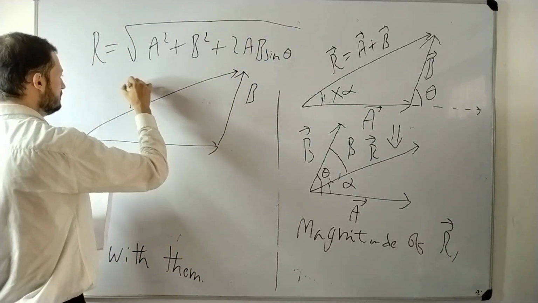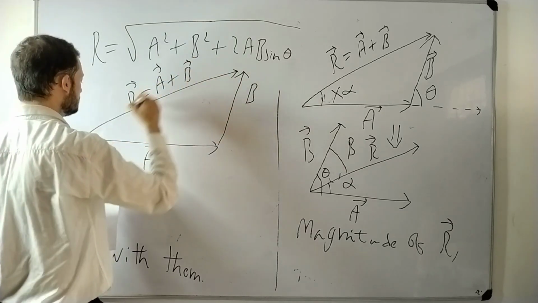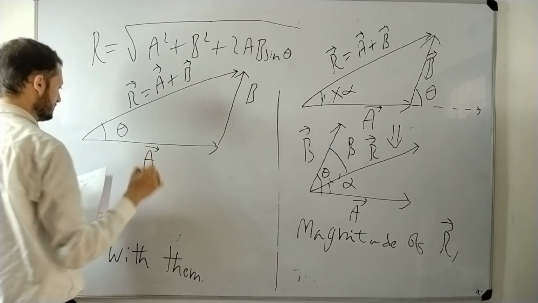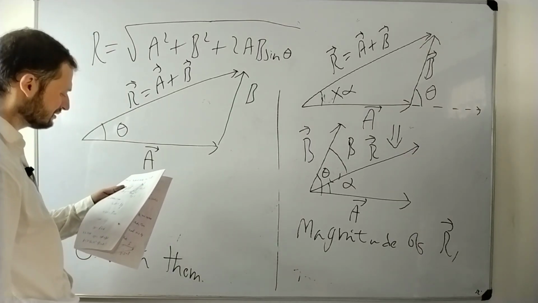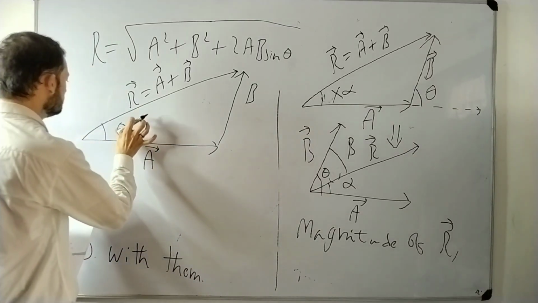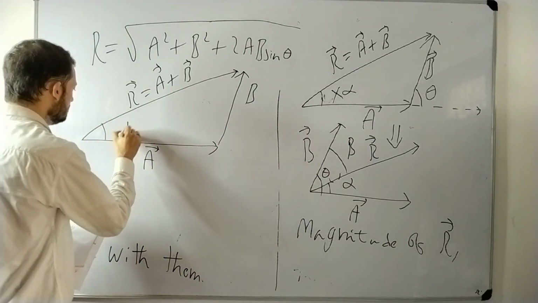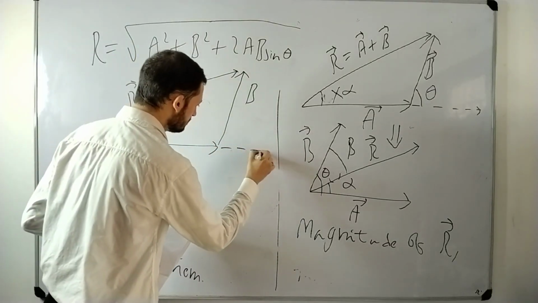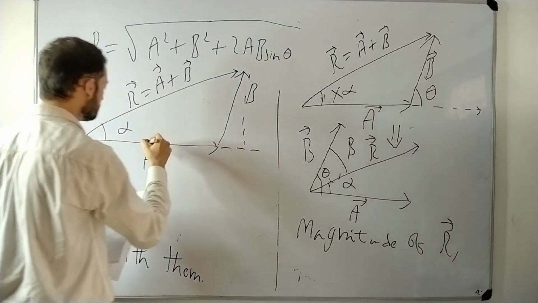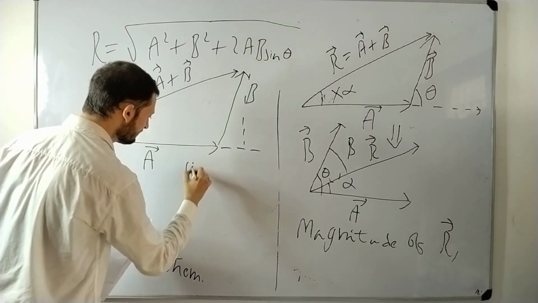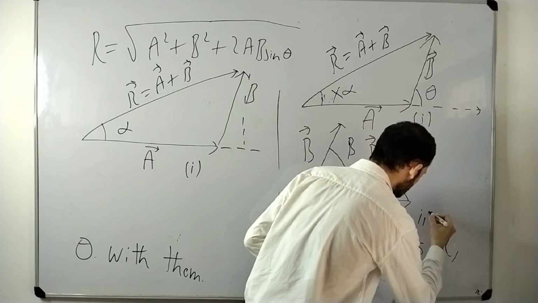Then this R is A plus B, and what angle is this, students, after parallel transportation? This is theta, yes. You draw the actual diagram and you are saying this is theta. This is the first diagram, and this is the second diagram.